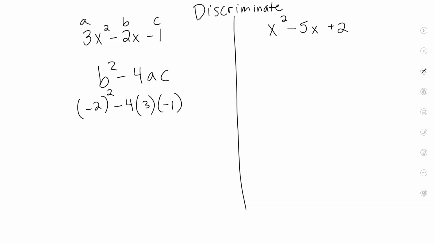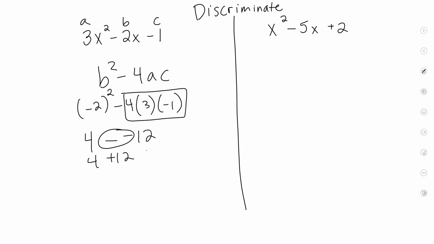What's negative 2 squared? 4 minus, what's 4 times 3 times a negative 1? Negative 12, but what do 2 negatives make? So this is 4 plus 12, so our discriminant is 16. What does that mean? Too rational. Good. It will be rational.